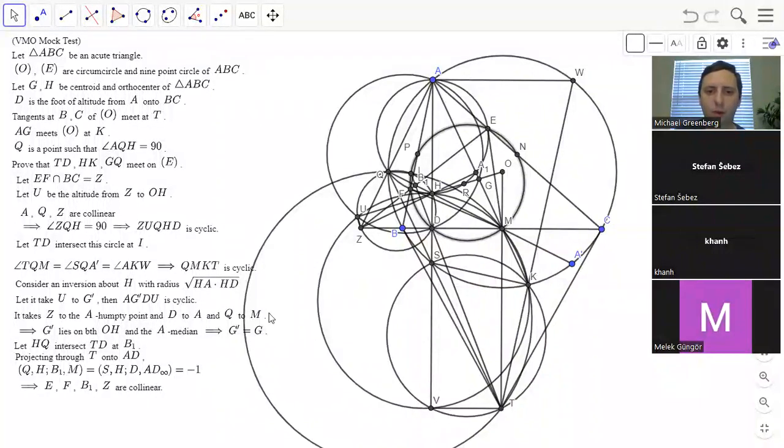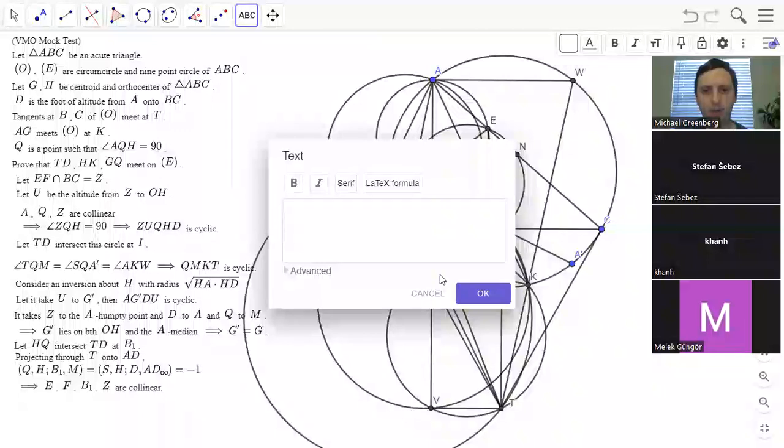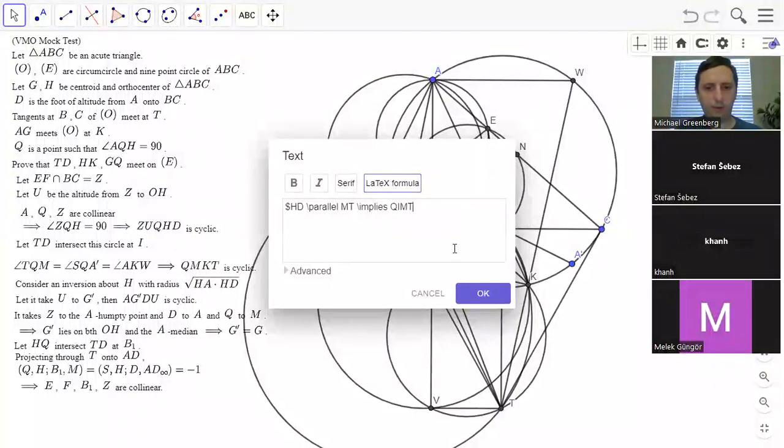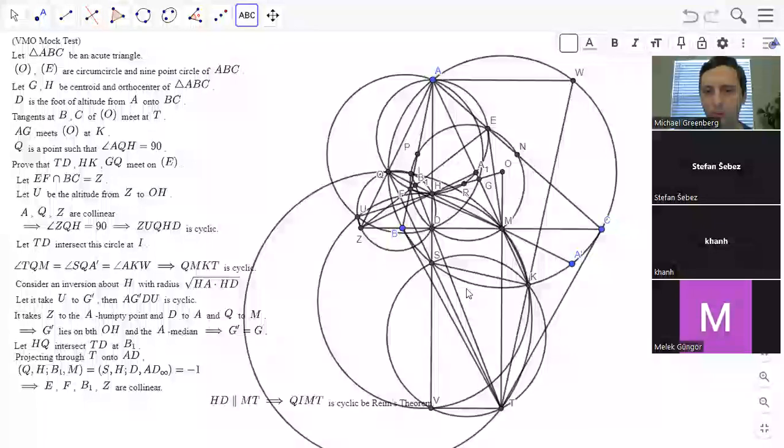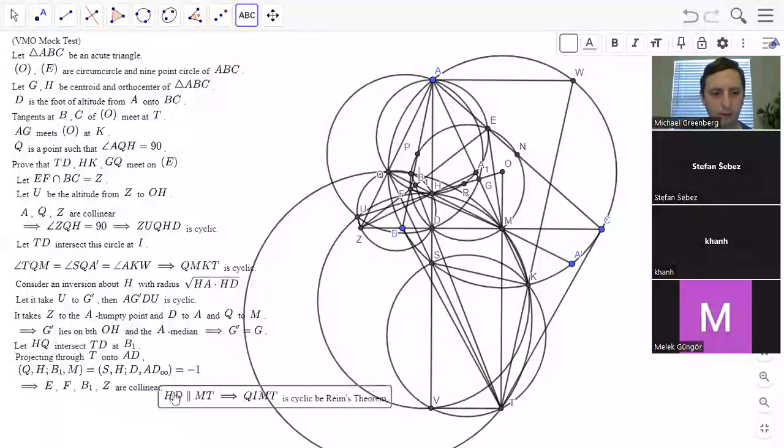Okay, so you're saying, because MT and HT are parallel, by Reim's theorem, QIMT is cyclic. So HT is parallel to MT. QIMT is cyclic by Reim's theorem, since QIHT was cyclic.